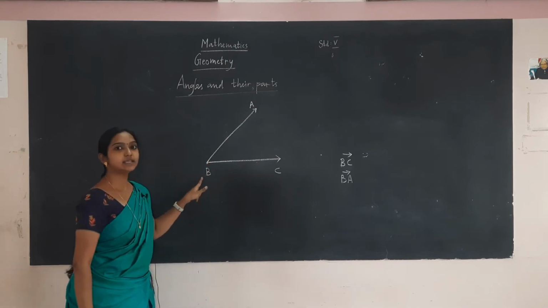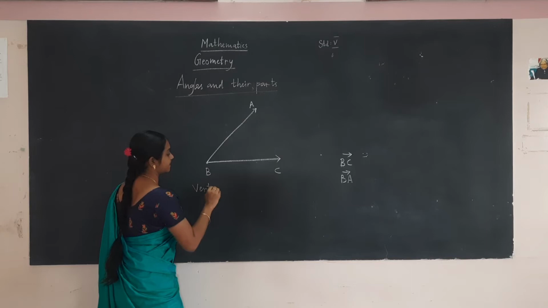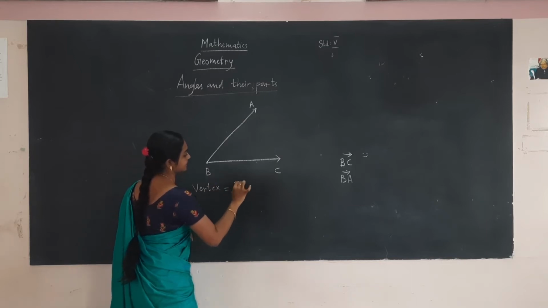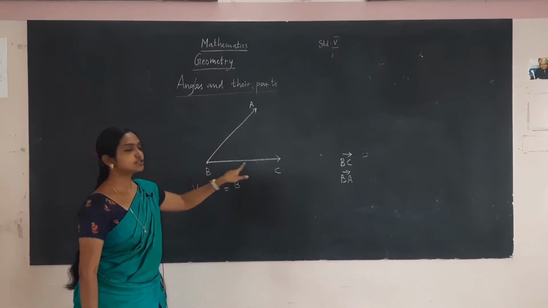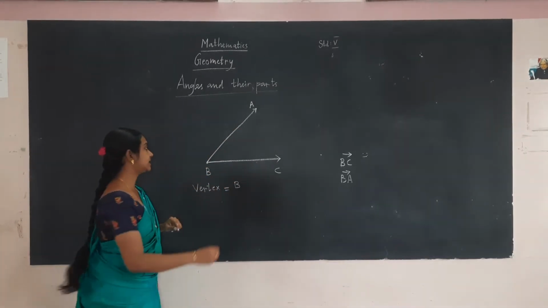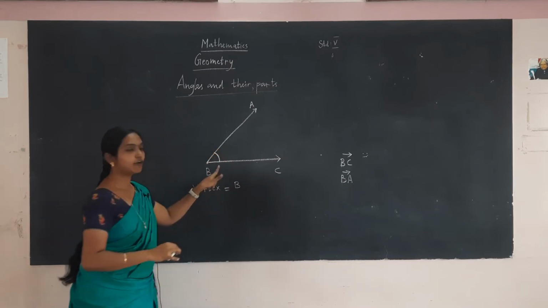Now B is called the vertex. You can see that both rays join together to form an angle. Here an angle is formed.